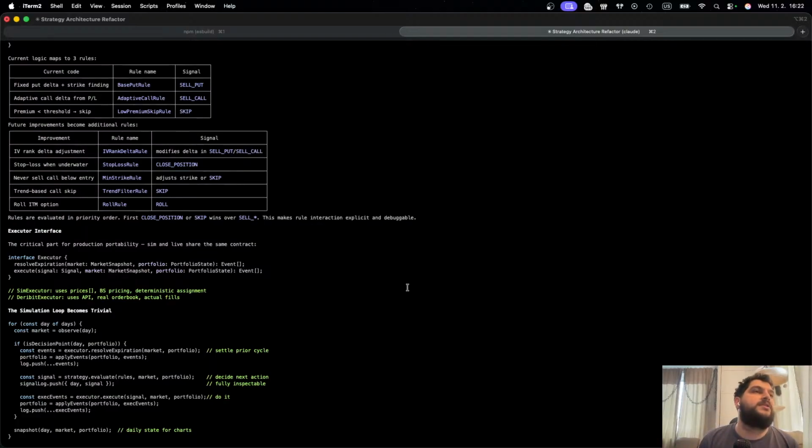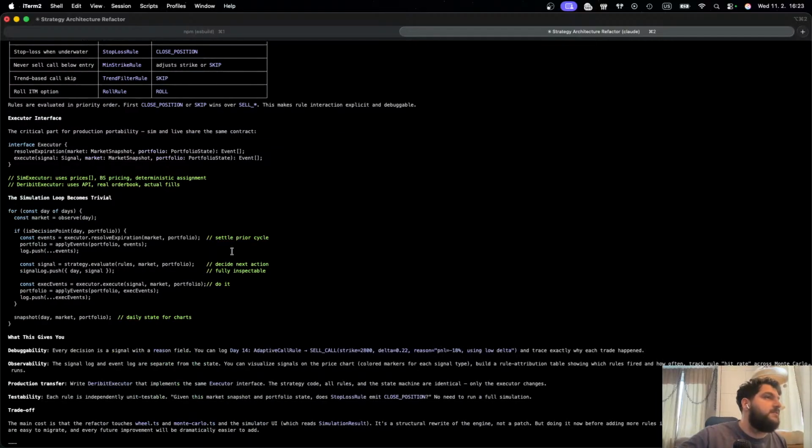Simulation and live share the same contract. Simulation executor uses prices, Black-Scholes pricing, deterministic assignment, and the Deribit executor uses API, real order book, actual fills. Yeah. Simulation loop becomes trivial.